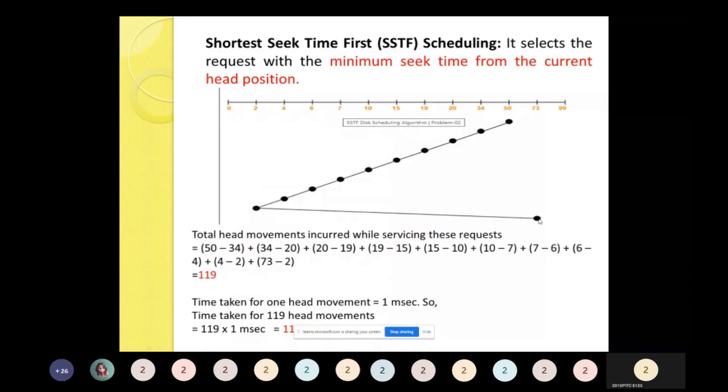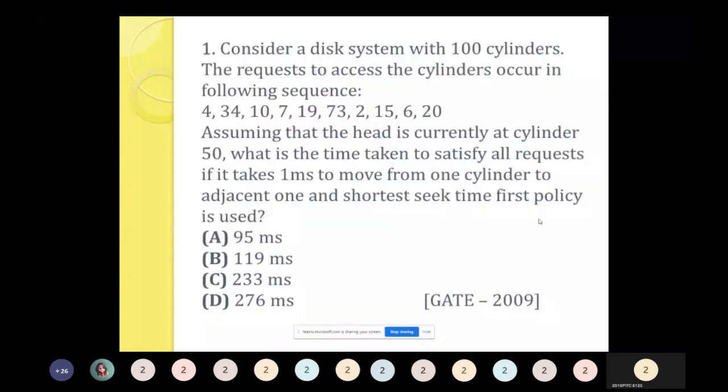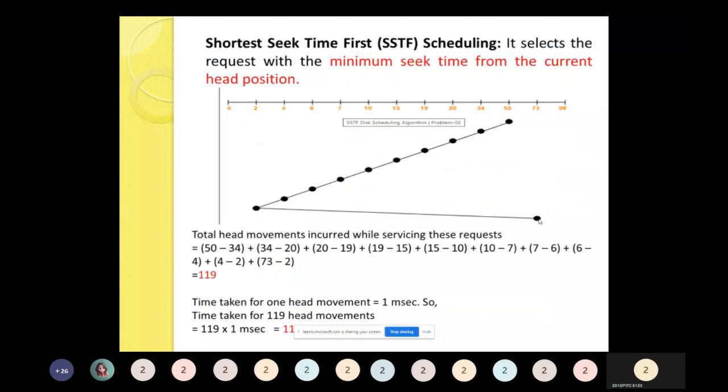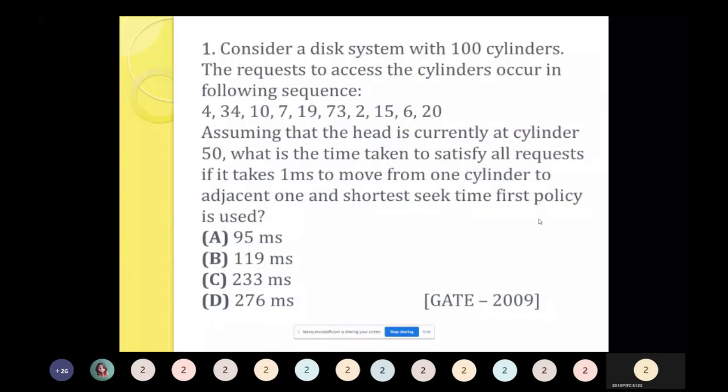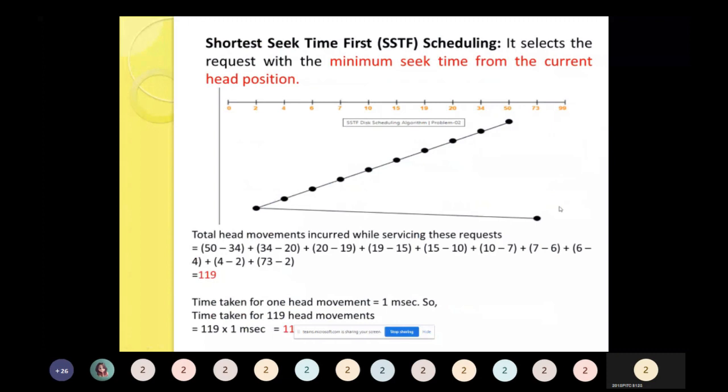Whenever the question is given, you have to arrange the numbers. They are not in any arranged order, so we have to arrange them in ascending order: 0, next 2, next 4, like this. Then only can we start from this position.